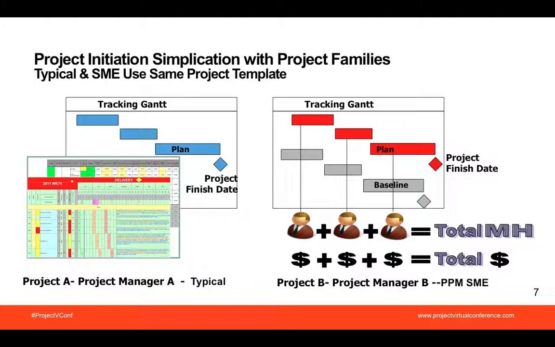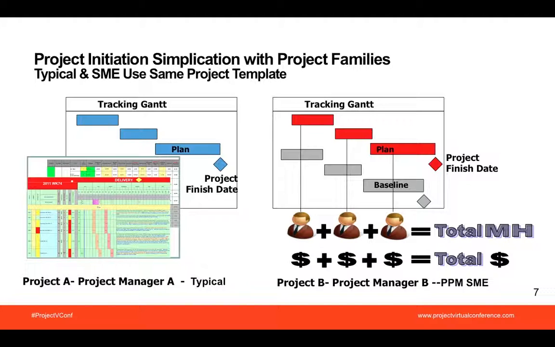Only a very few people, I'll call this person project manager B, a project portfolio management subject matter expert, use the project tool exactly correctly. You'll see a Gantt chart with a critical path, a baseline, and variances.